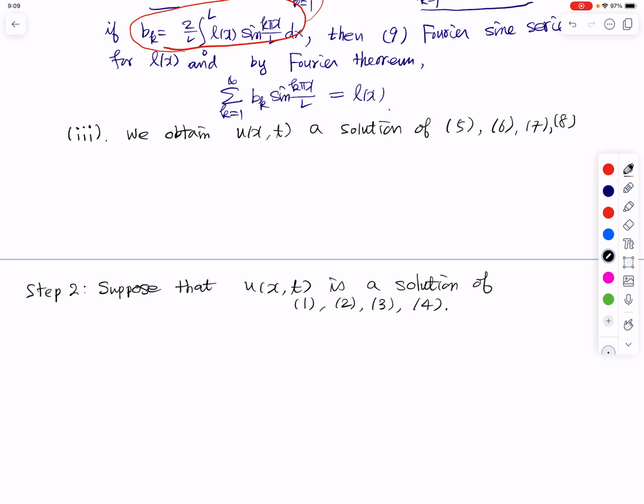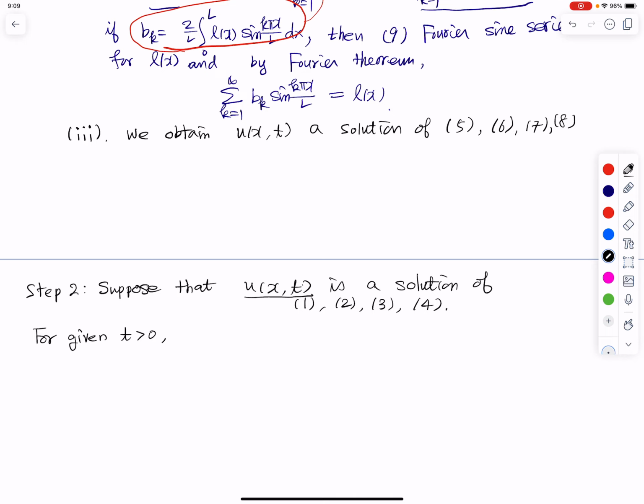And the most important part is this: for a given t, you fix t first. Whenever t is fixed, u(x,t) is a function of x.